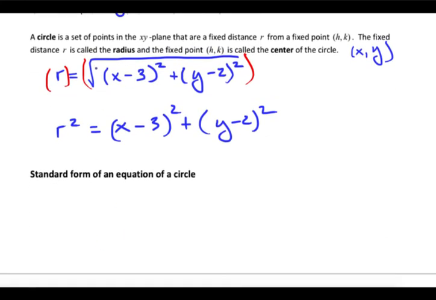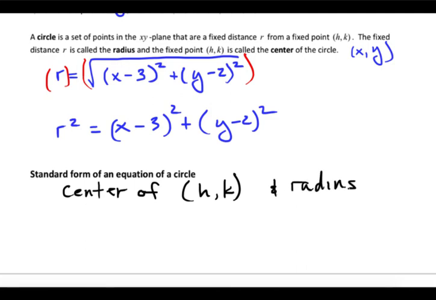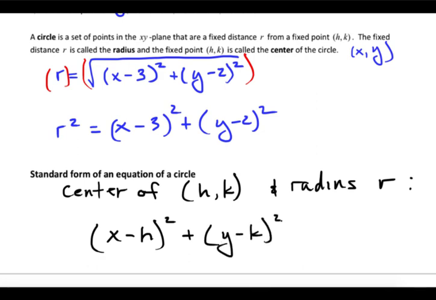So the standard form of a circle, for a center of h comma k and radius r, the equation is going to be x minus h squared plus y minus k squared equals r squared. So this is the equation of the standard form of a circle.